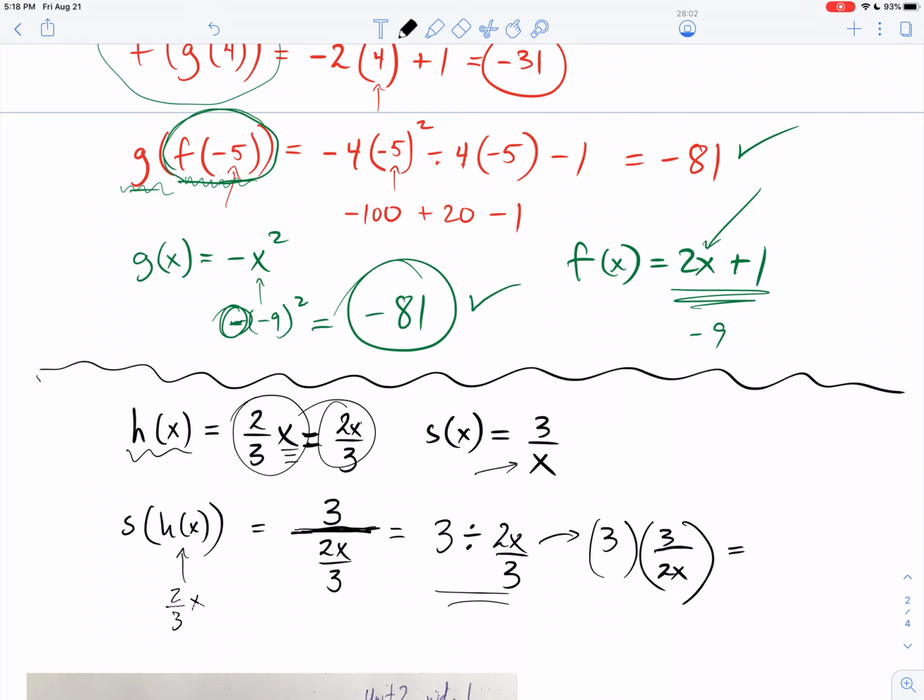So do it. What is it? 3 times 3 over 2. There it is. There's my answer. I hadn't shown you one like that yet, so I wanted to make sure that you knew how to interpret that correctly. That's how you would do it.